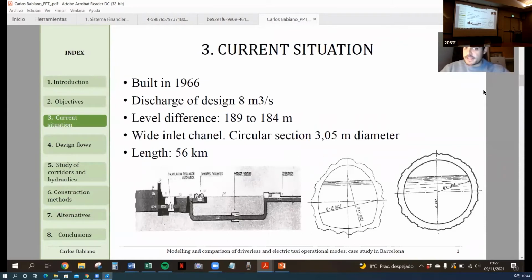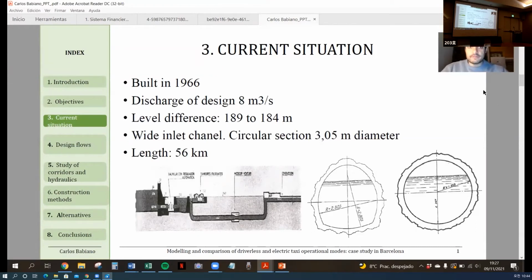The discharge of the site is 8 cubic meters per second, and the level difference is from 189 to 184, so it's very low. There is almost no difference. And the inlet channel has a circular section of 3.05 meters diameter.